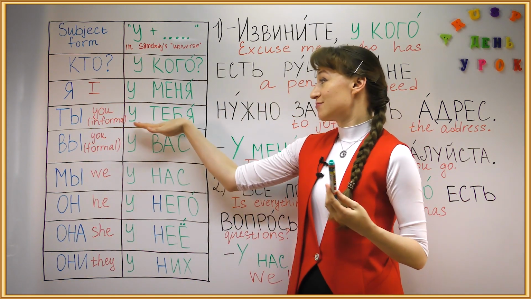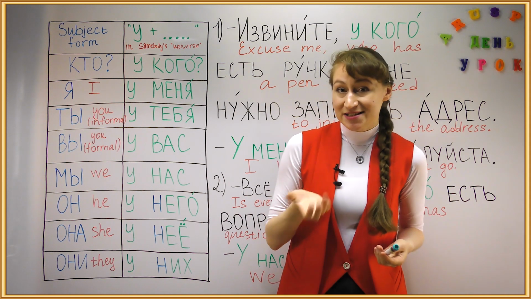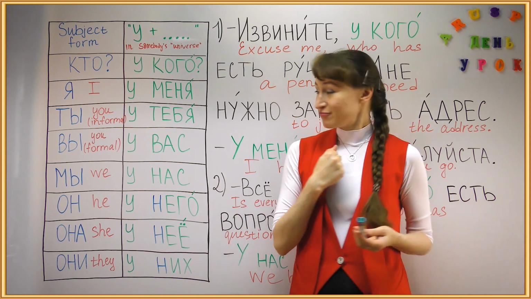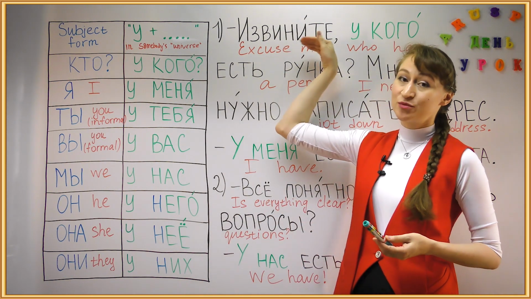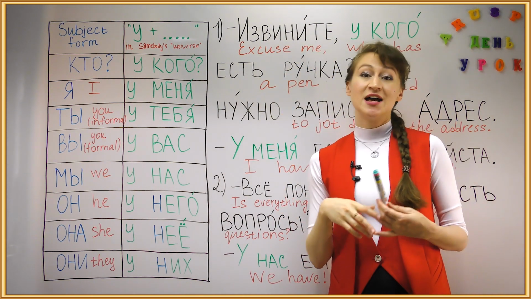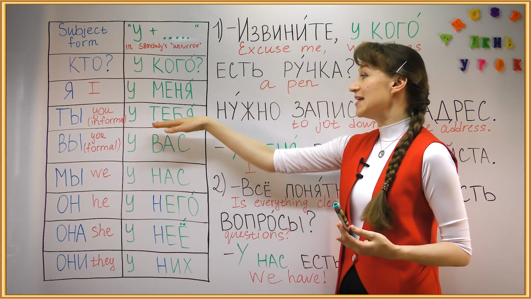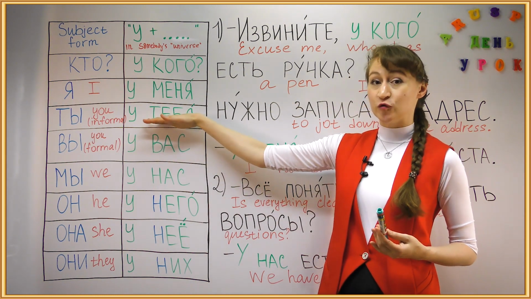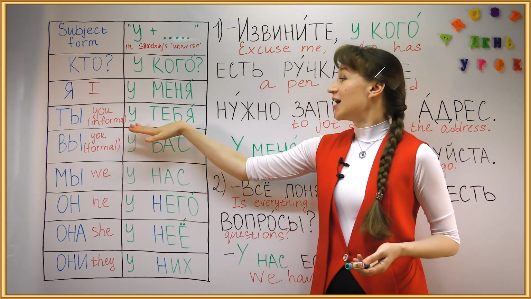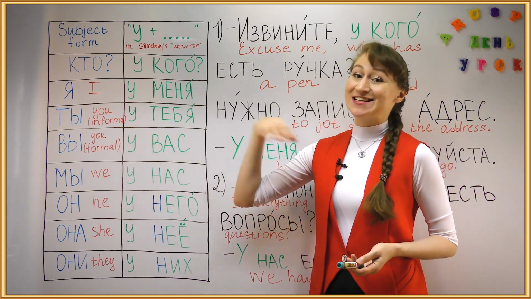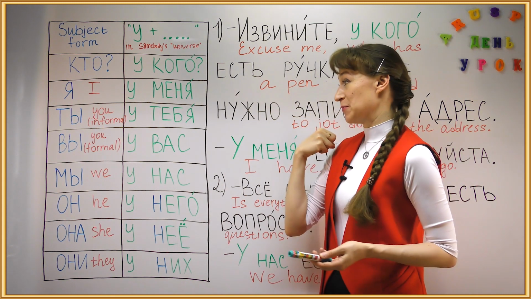It's just у тебя есть ручка, right? And you will not use извините, the plural form. You will use извини, the informal singular you form. Извини, у тебя есть ручка? So it's not who has, it's do you have here.